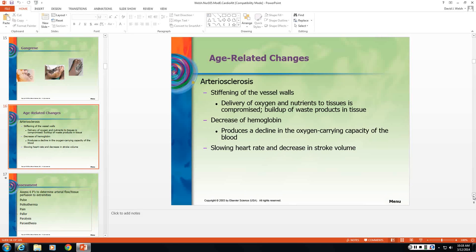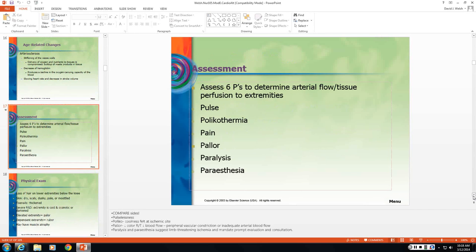So for assessment, you're going to do the 6 P's, which is basically pulse. These 6 P's basically determine the arterial flow or the tissue perfusion to those extremities.